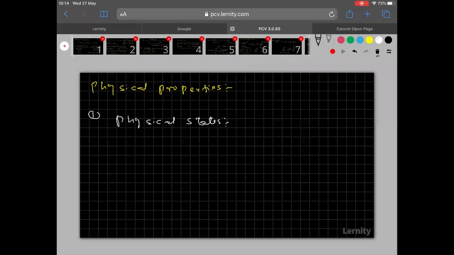Clear? Now, coming to the physical states. See clearly, everyone: methanal, HCHO, is a gas at room temperature. Remember everyone? Methanal is a gas at room temperature. I hope you are able to understand this one.